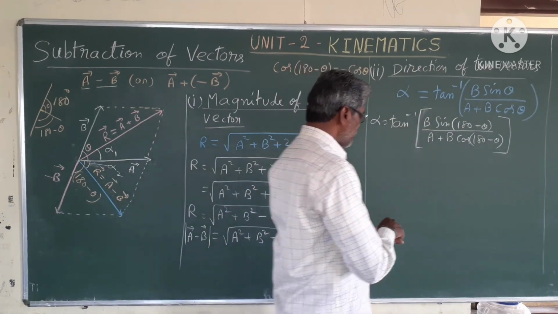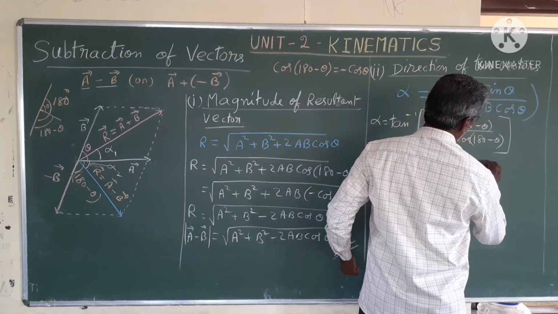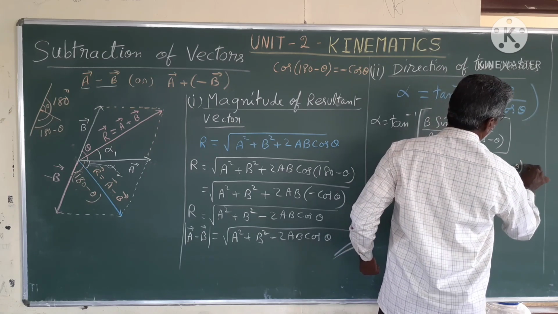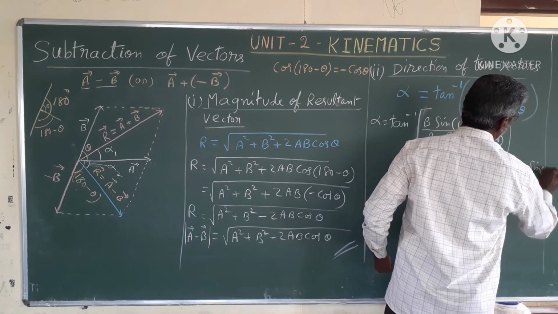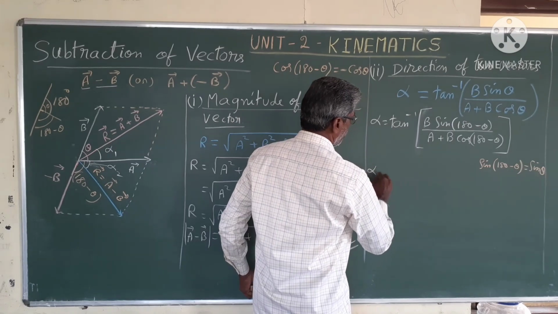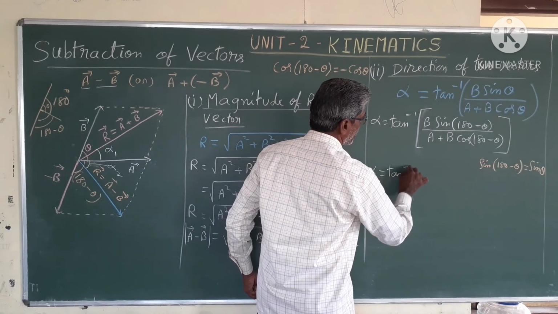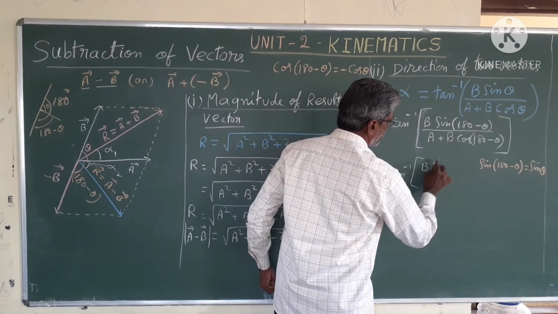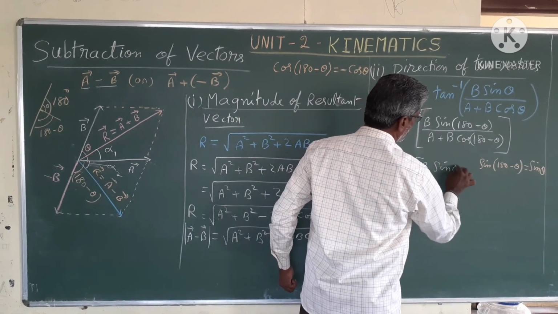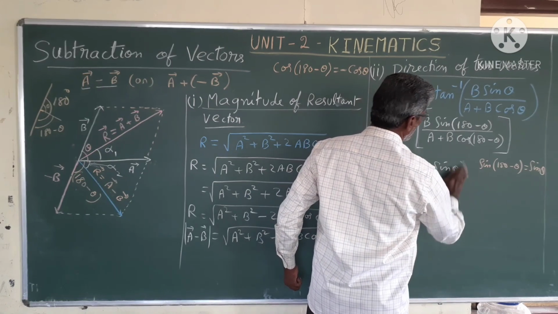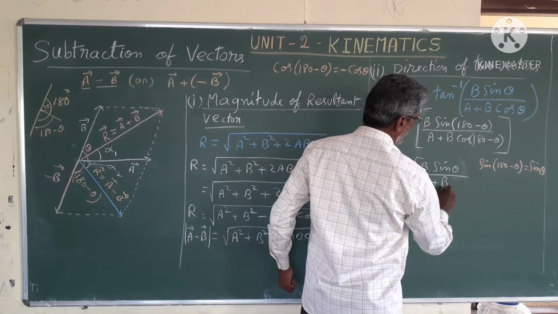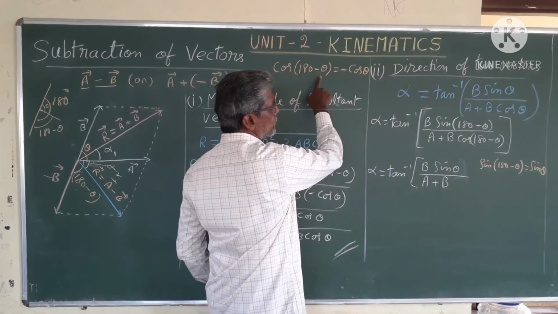So, what is sin 180 minus theta? Sin 180 minus theta is nothing but sin theta. So alpha is equal to tan inverse of B sin theta divided by A plus B cos 180 minus theta, which is minus cos theta.